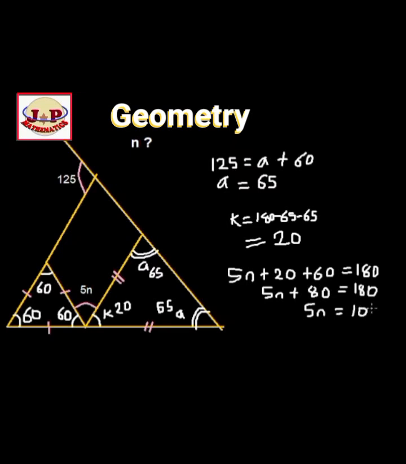And we divide both sides by 5. The 5s cancel, and 100 over 5 is 20. Therefore n is equal to 20 degrees, and that is it. We have solved for the value of n, which is equal to 20 degrees.